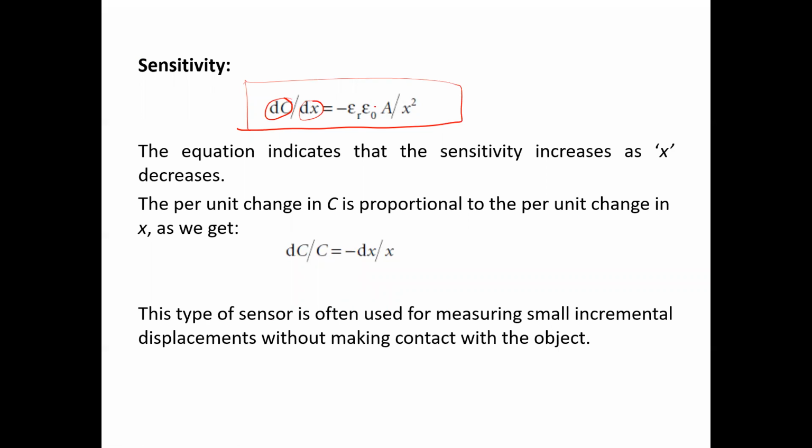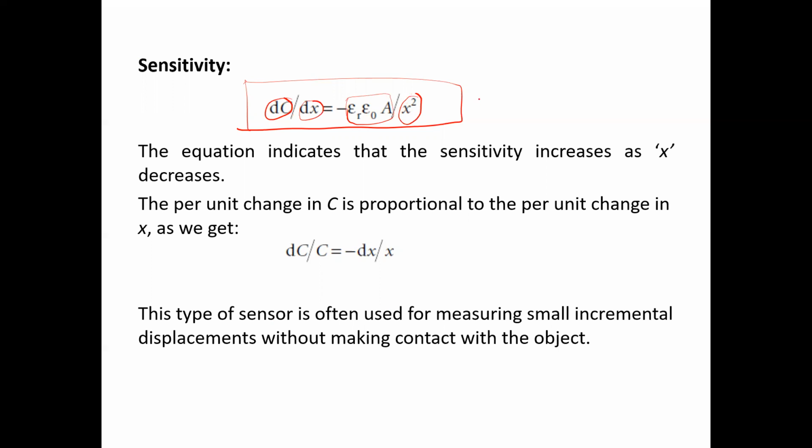So this is going to give a measure of the sensitivity with respect to the variable x in this case, because these quantities are fixed or constant for a particular arrangement. Now if x is varying, then with respect to x, what would be the sensitivity that could be predicted?